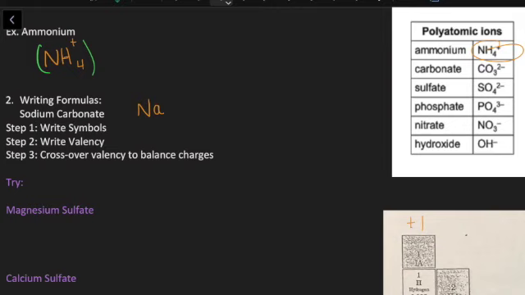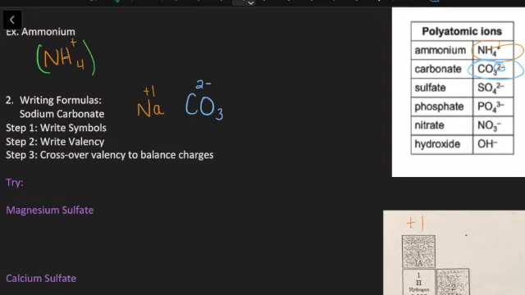It has a +1 charge. And then carbonate, here's the formula for that. CO3. And this tells me that it has a 2- charge.